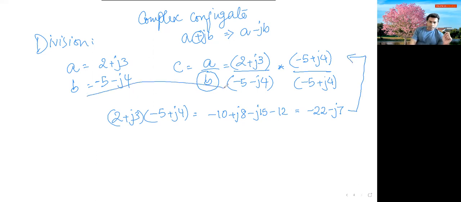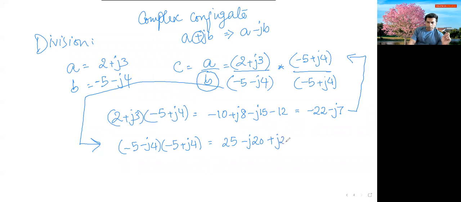As far as the denominator is concerned, observe what's going to happen when you multiply a number by its complex conjugate. Negative 5 times negative 5, 25. Negative 5 times j4, negative j20. Negative j4 times negative 5, positive j20.